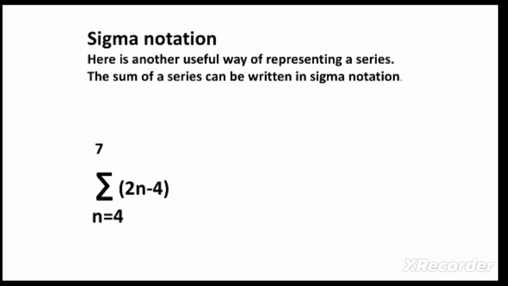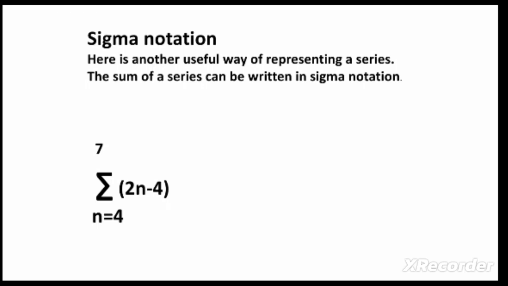The bottom number is n equals 4, which means for the first term you take the 4 and substitute it for the n in the formula, and then you get the first term.